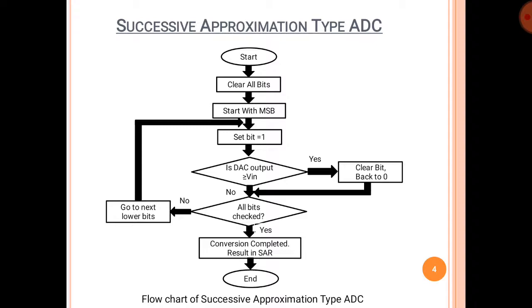And if it is not, then I will retain the bit as 1, and I will go for the lower order bits and check. If all bits are checked, then the conversion process is completed and the result is available in the successive approximation register. And if all bits are not yet checked, then I will go for the lower order bits and repeat the whole process until all the bits are converted.